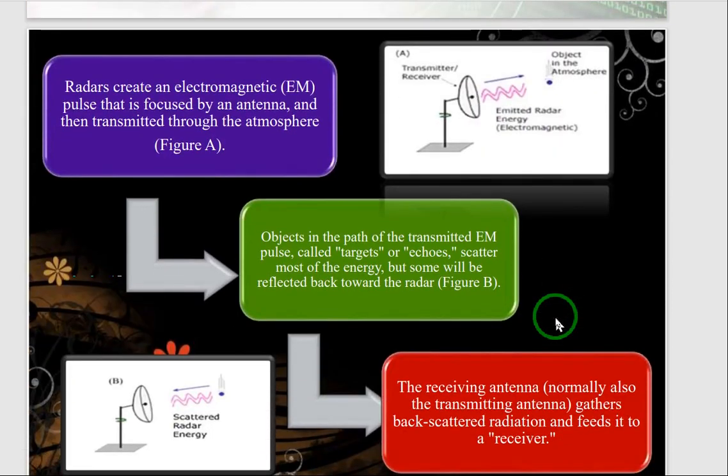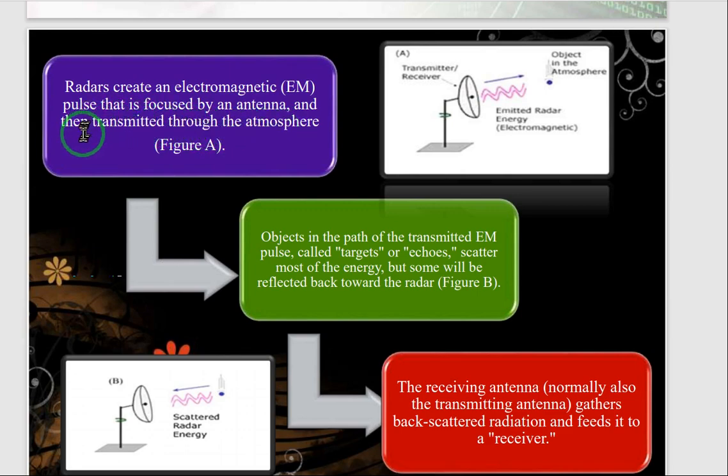Here is a little about the operation of the radar, to help us understand how it works. The radar creates an electromagnetic wave that is focused by an antenna and then transmitted through the atmosphere.